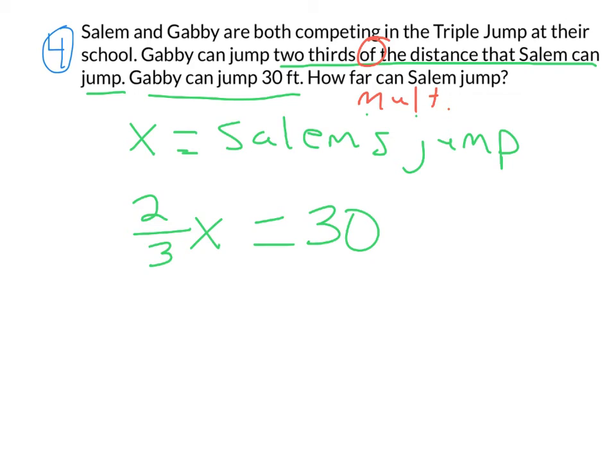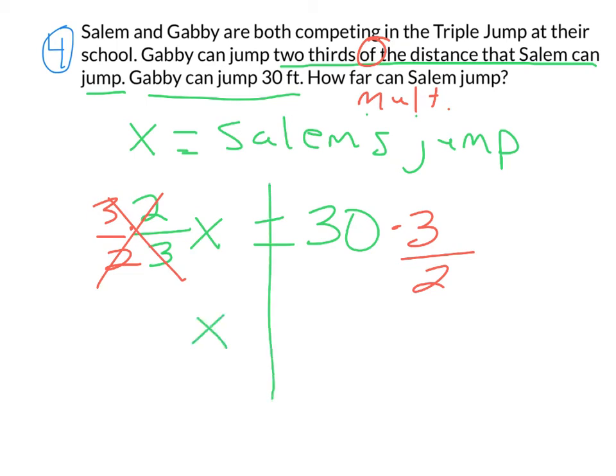So in solving this, again, you could multiply by 3, then divide by 2, or you could simply just do the reciprocal on both sides. Times it by 3/2. So when I do that, my 3's and 2's cancel right away.